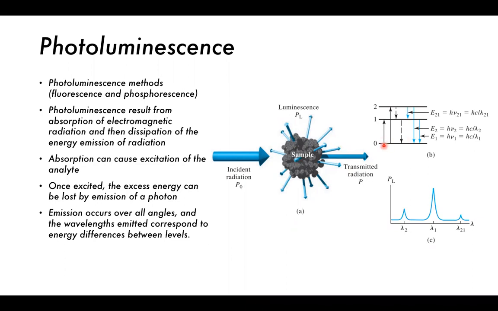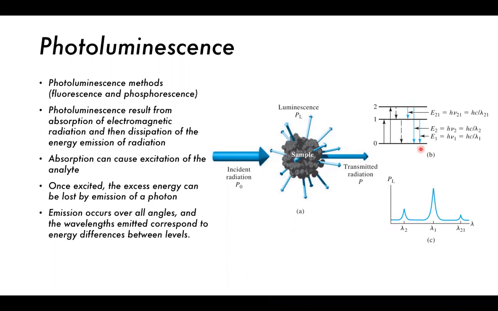What's happening is that we're going from the ground state to the excited state, either the first or second, depending on the wavelength or the energy of the incident radiation. And then after that, we're getting relaxations from the excited states down to the ground state, and that causes the emission of some light. So some light is emitted, and we're very capable of measuring that and seeing what wavelengths are emitted.